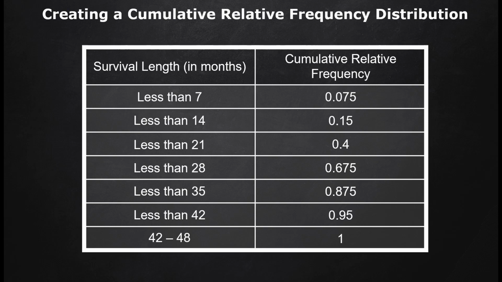I'm not entirely sure why they do this, why they would prefer a less than the next lower class's limit. It seems a little weird for me, but I mean, whatever. Whatever your professor is asking for, or whatever your book is asking for, just give it what it wants, and you'll get credit.